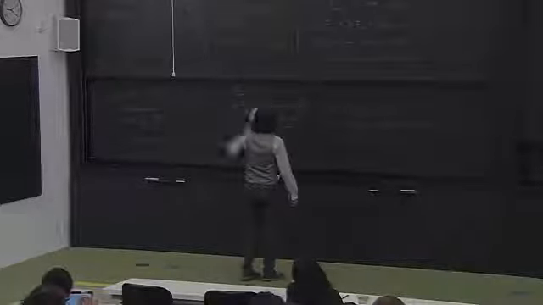Okay, how do we derive these? Now let's write down a Lagrangian from which we can derive our Maxwell's equations in the covariant form. The Lagrangian is very simple. It's just this.